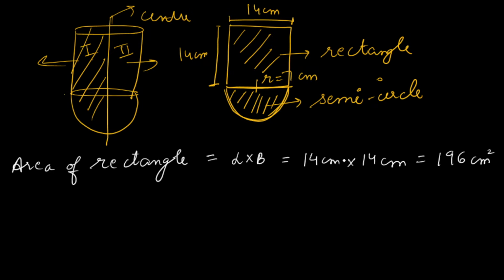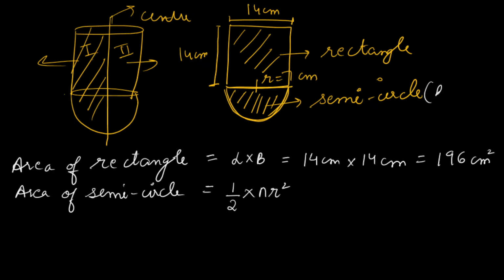So the area of a rectangle is 196, but we have two rectangles, so we can add it two times. Then the area of a semicircle we have to find. Area of a circle is pi r square. So the area of a semicircle is half into pi r square, because a semicircle is half of a circle.